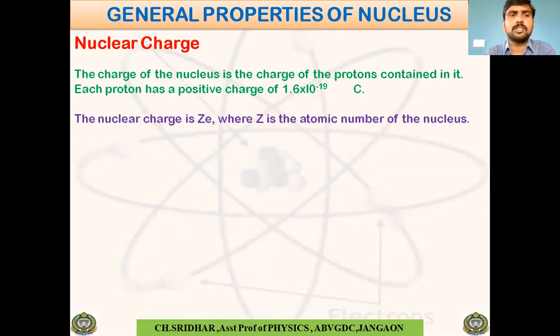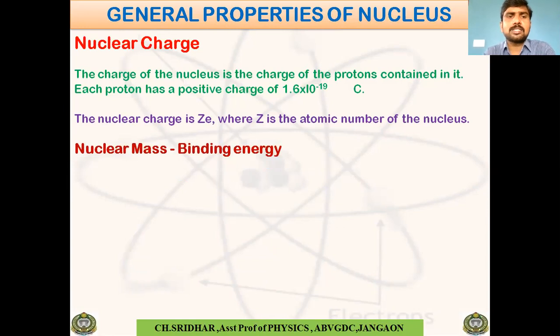So the charge of the nucleus is equal to Z into e, where Z is the atomic number of the nucleus, which gives the number of protons. So the nuclear charge is given by Z into e.